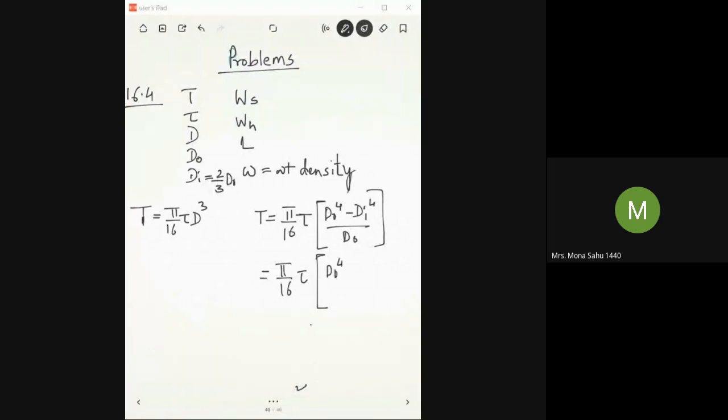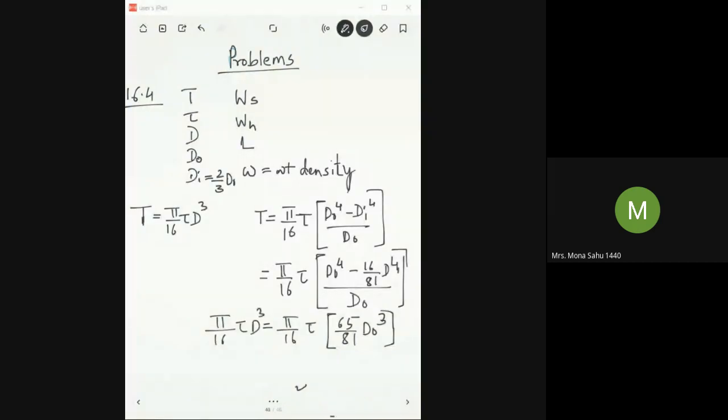If I substitute it here, it's going to be 16 by 81 D naught power 4 by D naught. If you solve this, it's going to be pi by 16 into 65 by 81 D naught power 3. This can be equated to pi by 16 D cubed, so you can cancel these.